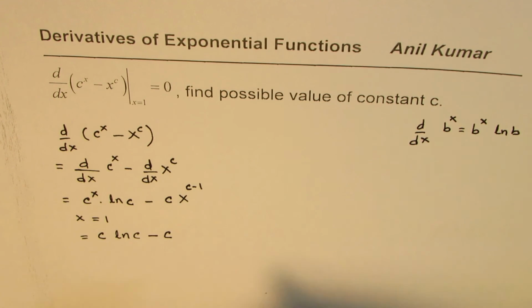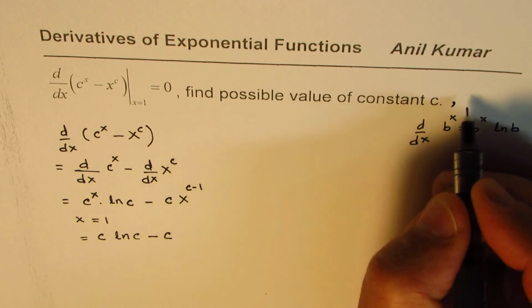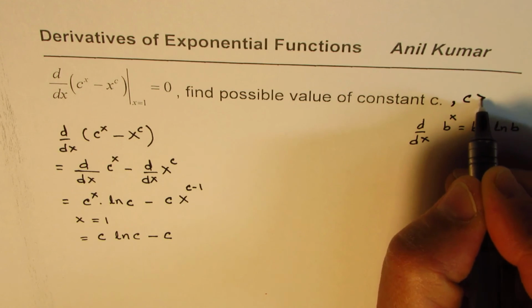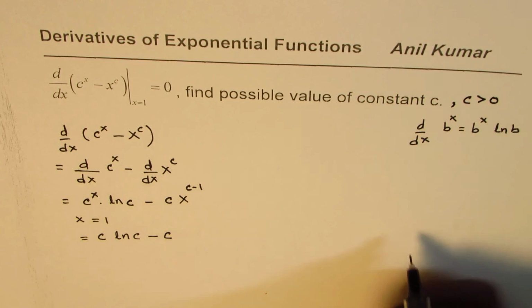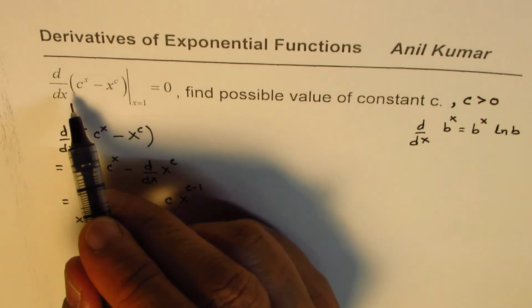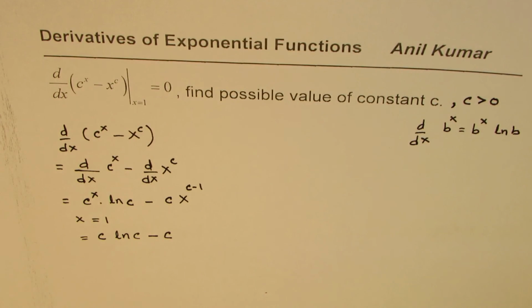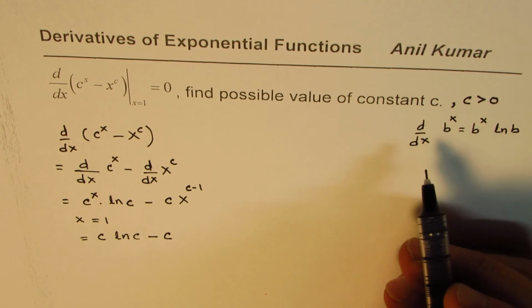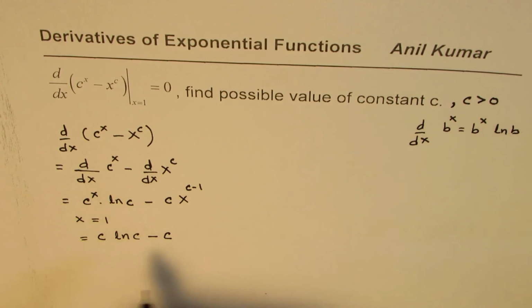Also let me mention that c is a constant where c is greater than 0, right? And since we are considering this to be an exponential function, it is not equal to 1 anyway. Let's keep it simple. It's greater than 0. Okay. So we get this form.